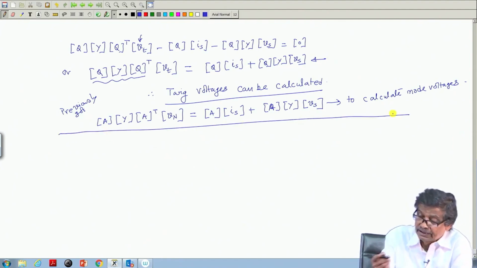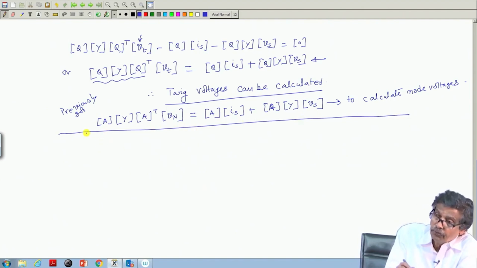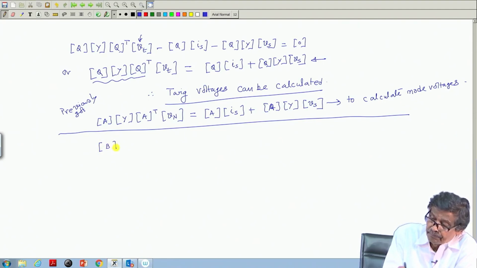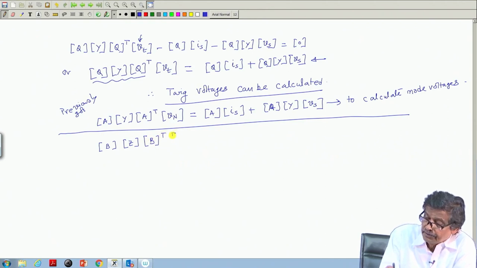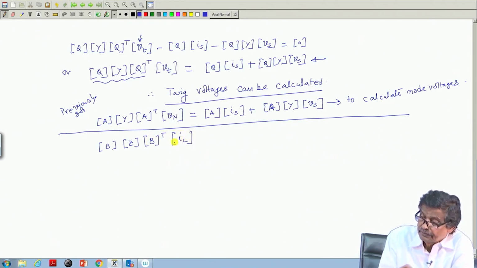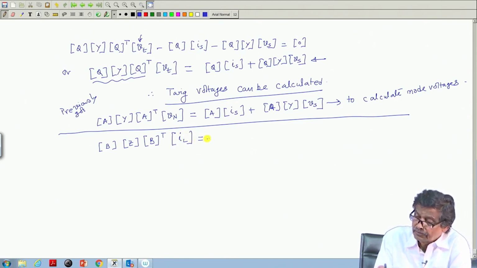The third, the loop method, in the loop method we got B Z B transpose into the fundamental loop currents is equal to this, both the signs were minus there.